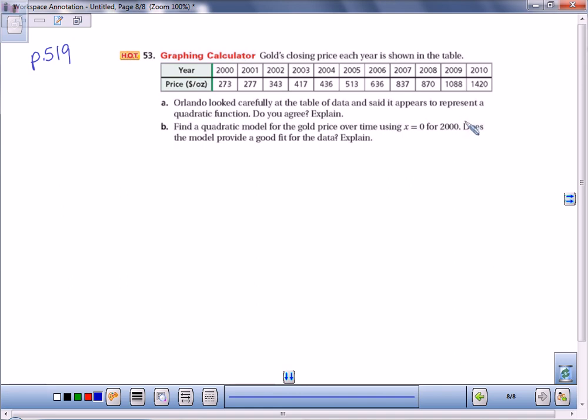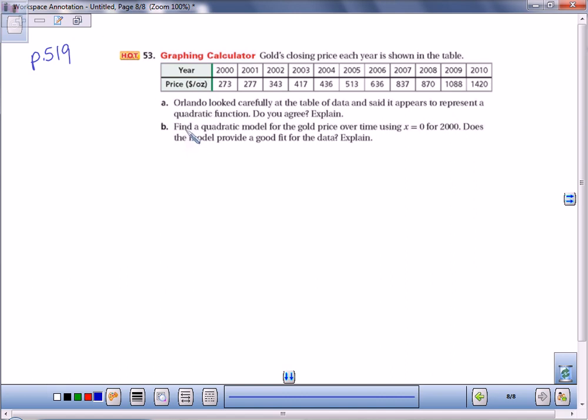Do you agree? Okay, so if we look at this, do we feel that this might represent a quadratic function? What are ways we could tell? We can look at the second differences. Are the second differences close? If we say yes, then we should try a quadratic model.